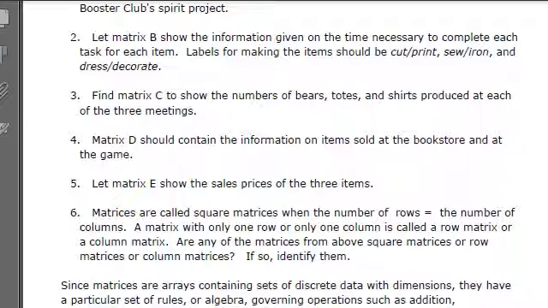It's kind of like what you learned about geometry, where the square has all sides that are the same. Well, with matrices, if the rows and columns are the same, we refer to it as a square matrix. So a 1 by 1 would be a square matrix, a 2 by 2, a 3 by 3, a 4 by 4, a 5 by 5, and so on.